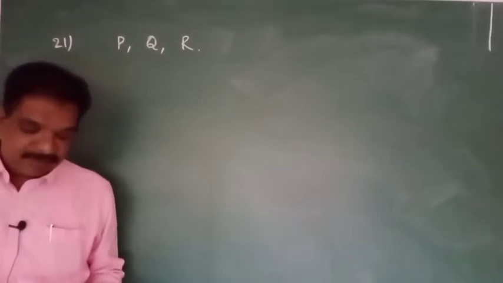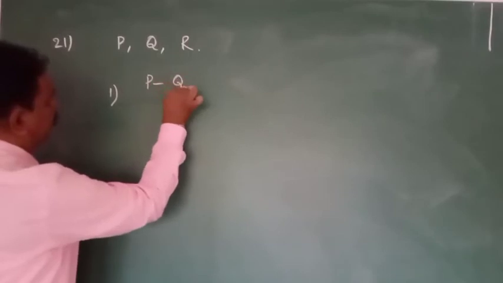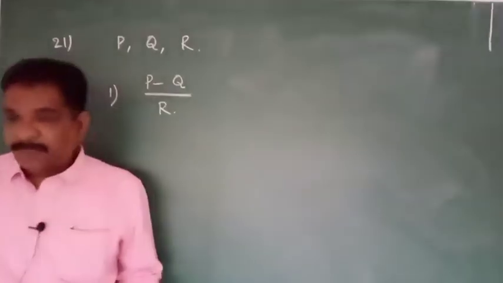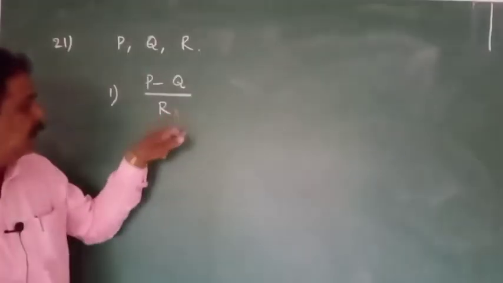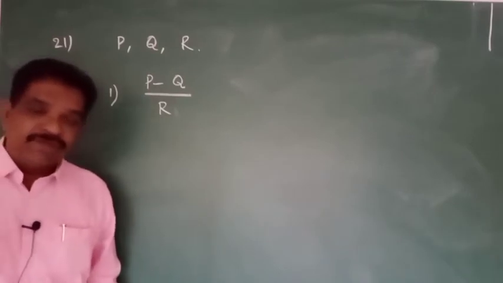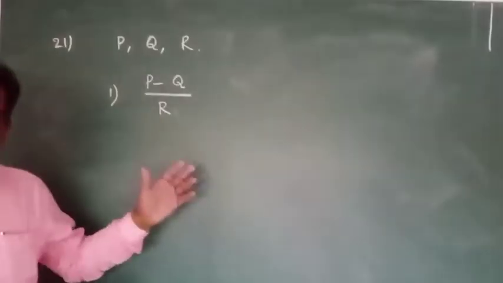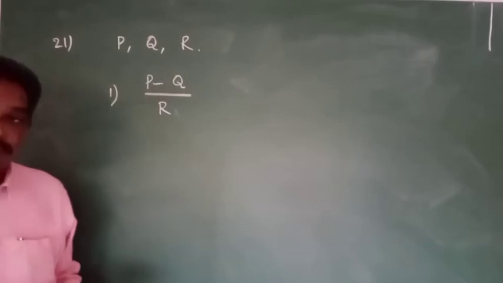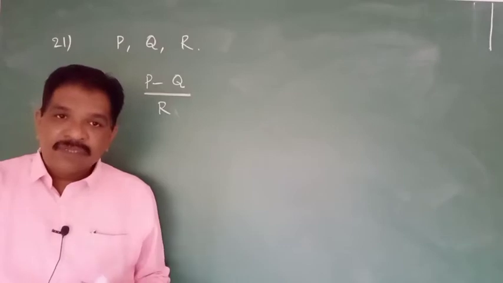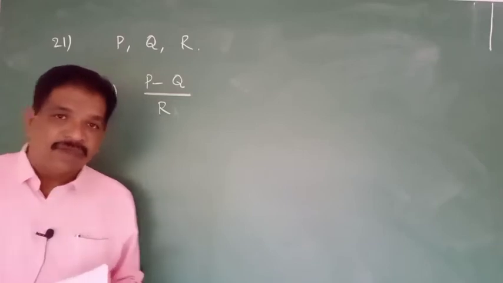What is that statement? See, the first statement they gave is P minus Q by R. How is it incorrect or correct? We are subtracting two different physical quantities. We cannot subtract two different physical quantities. What we can do is multiply or divide two different physical quantities, and then a new quantity will come.